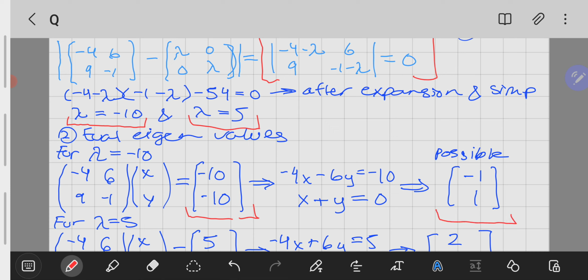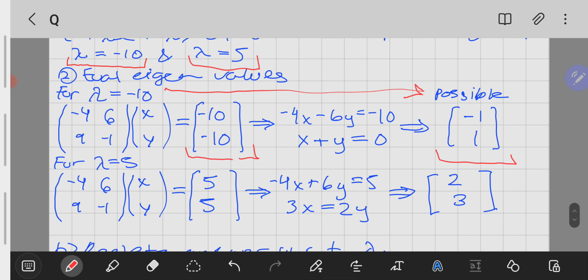For lambda equal to -10, our first potential values are -1 and 1. Then evaluating for lambda equal to 5, we do the same process and evaluate our system of equations, and we'll find that the eigenvector should be 2 and 3.